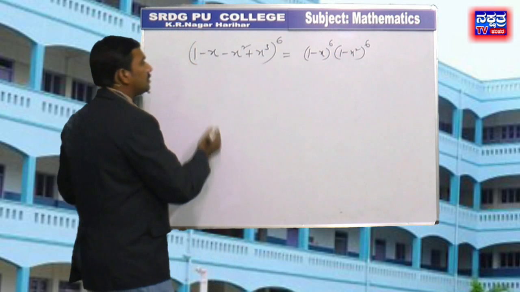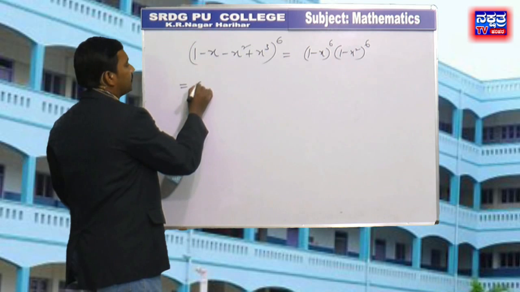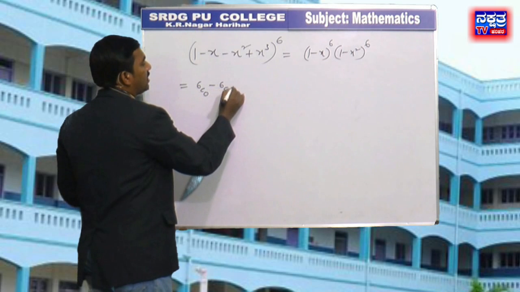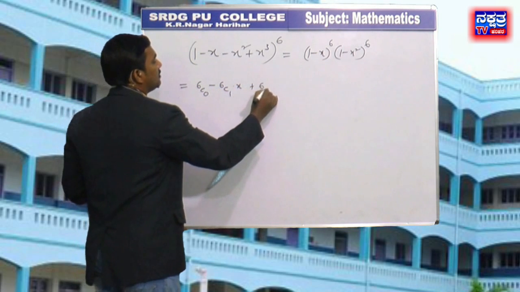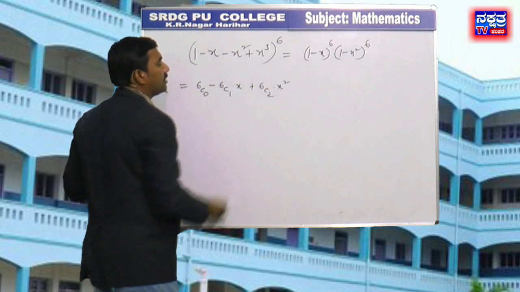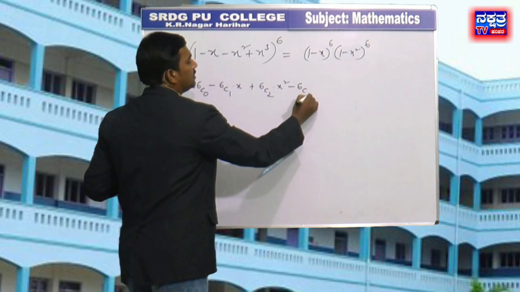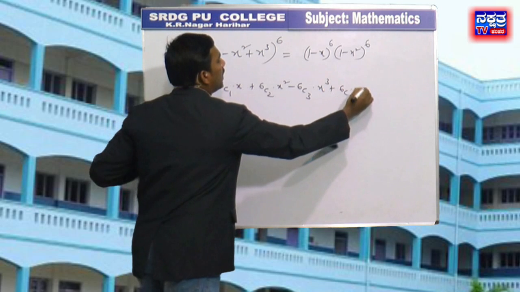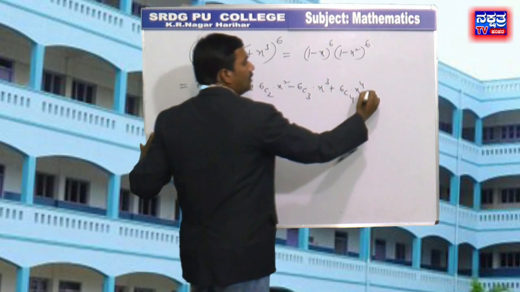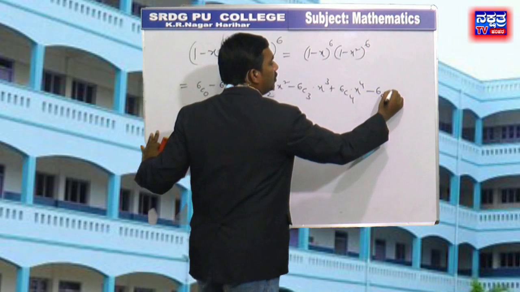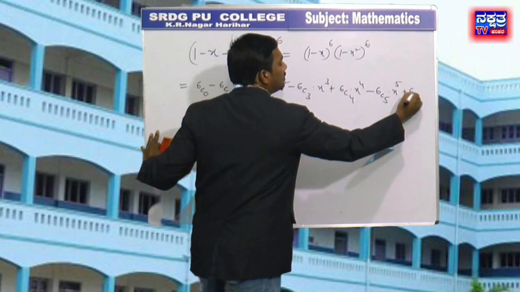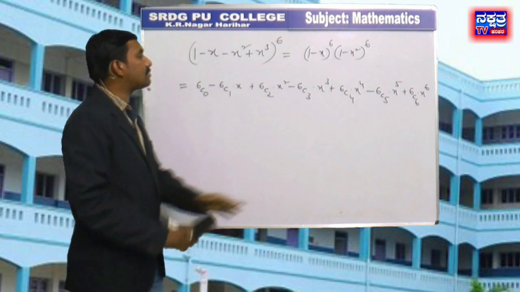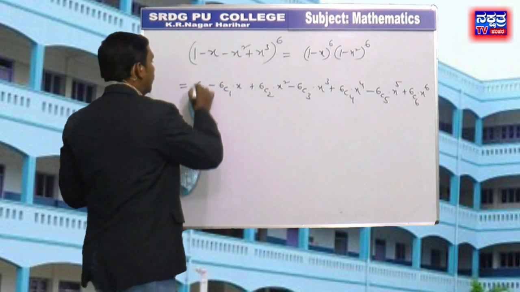You can expand this (1 minus x) whole power 6 is 6c0 minus 6c1 into x plus 6c2 into x square minus 6c3 into x cube plus 6c4 into x power 4 minus 6c5 into x power 5 plus 6c6 into x power 6. This is the binomial expansion of (1 minus x) whole power 6.